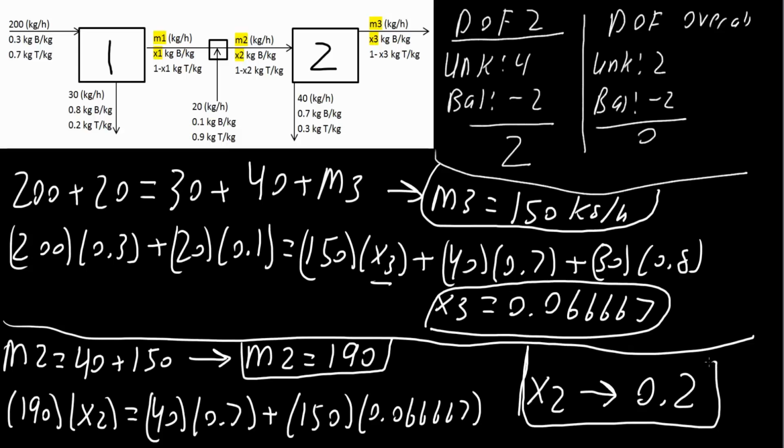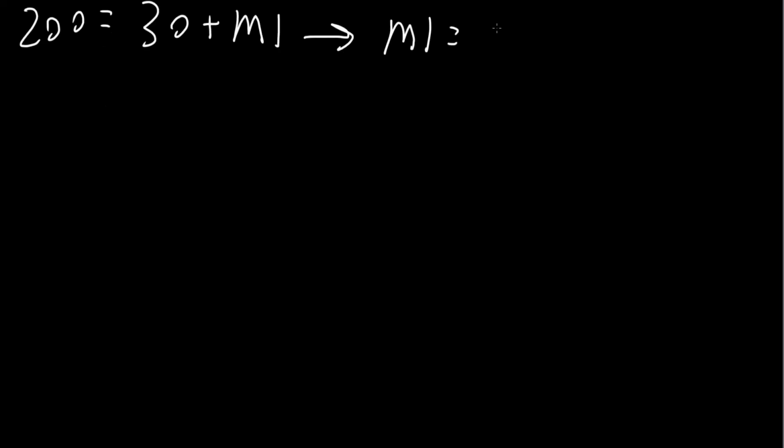And now we need to solve for these two. We can do a balance on unit 1 because we have 2 balances and 2 unknowns. If you want, you can pause the video here and write down the question because I will scroll down. To get M1, we would have 200 is equal to 30 plus M1, our 2 outputs. So M1 is equal to 170.